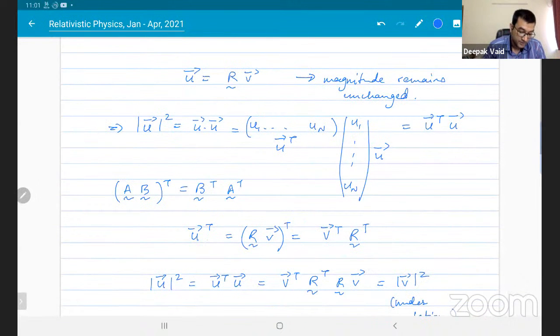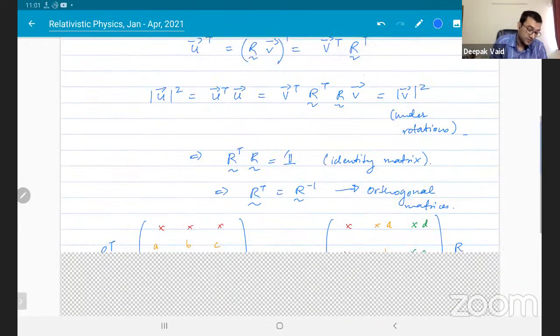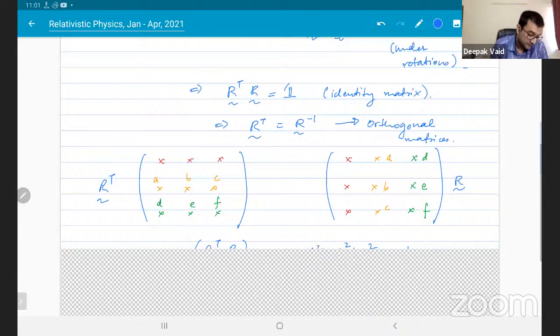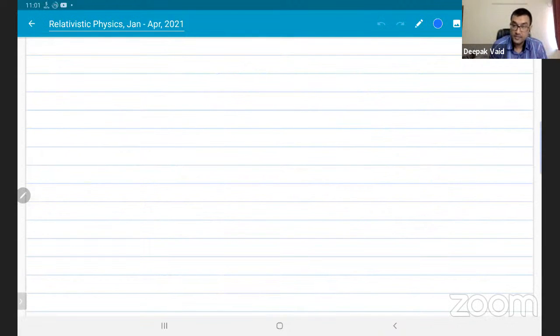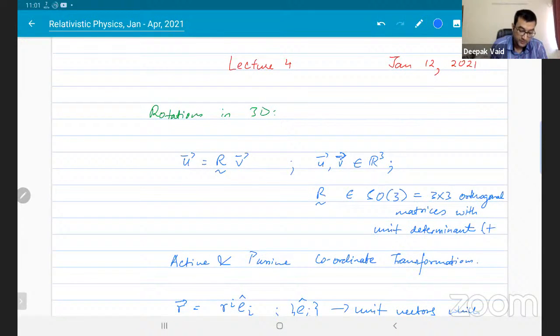So rotation matrices are 3 by 3. Any 3 by 3 orthogonal matrix with unit determinant, meaning determinant is +1, is a rotation.